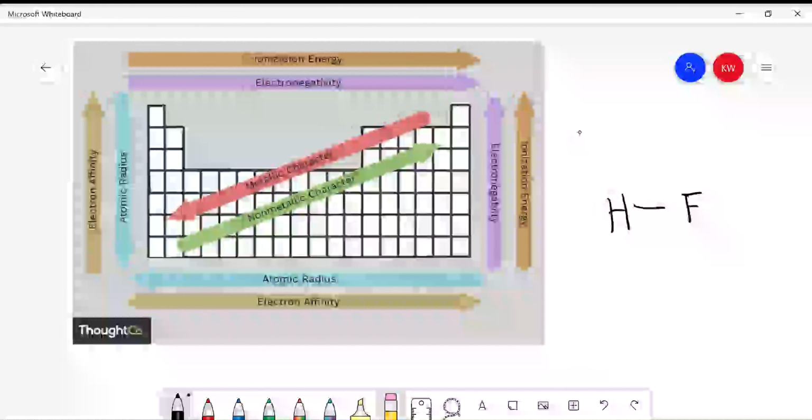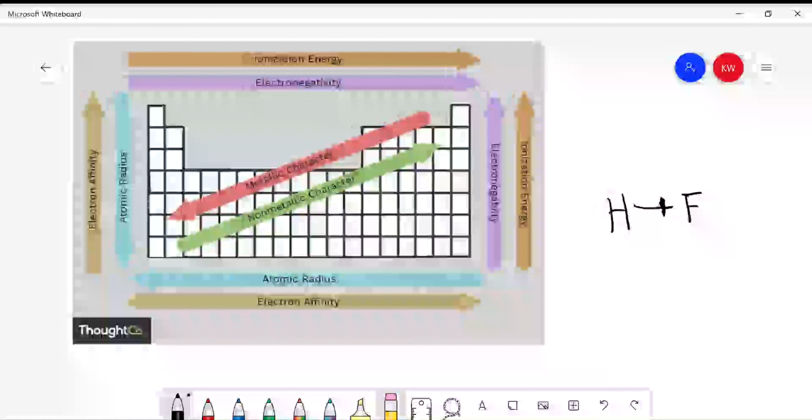So fluorine has a greater electronegativity because the electrons are not going to be shared equally here. Most of the electrons are going to be pulled towards the fluorine. It pulls most of the electrons toward itself rather than the hydrogen.